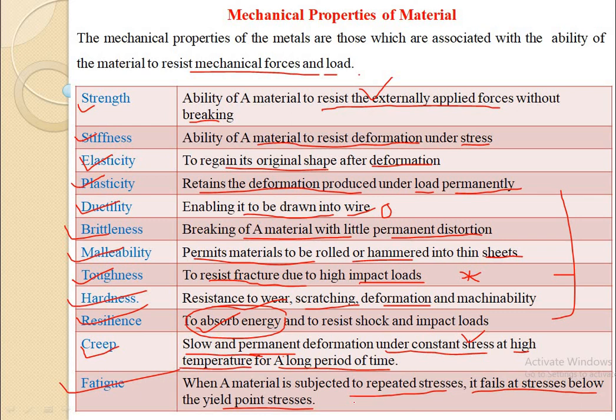But in case of fatigue, the material is subjected to repeated stresses, meaning there is maximum and minimum stress induction in the material, and it fails before actually reaching its yield value.